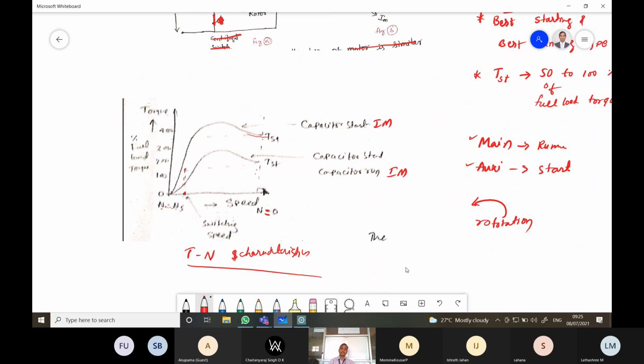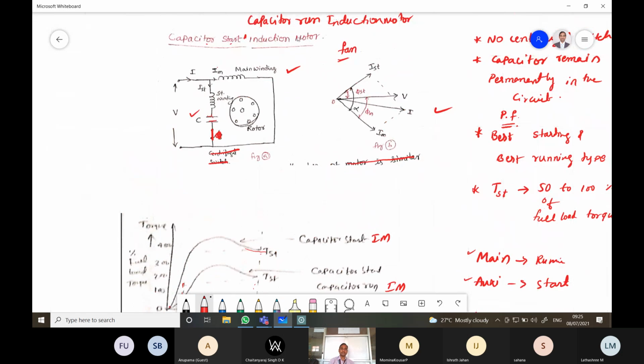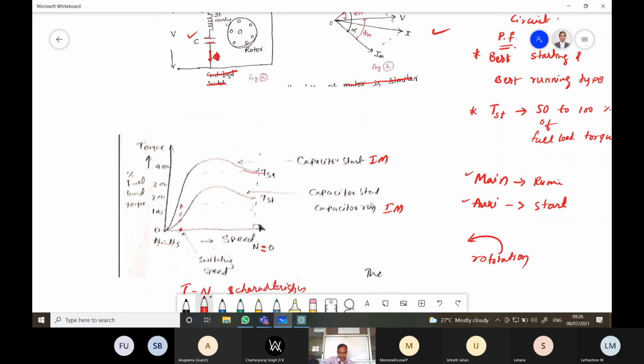Interchange any one of the winding terminal connections, then the motor runs in the reverse direction.